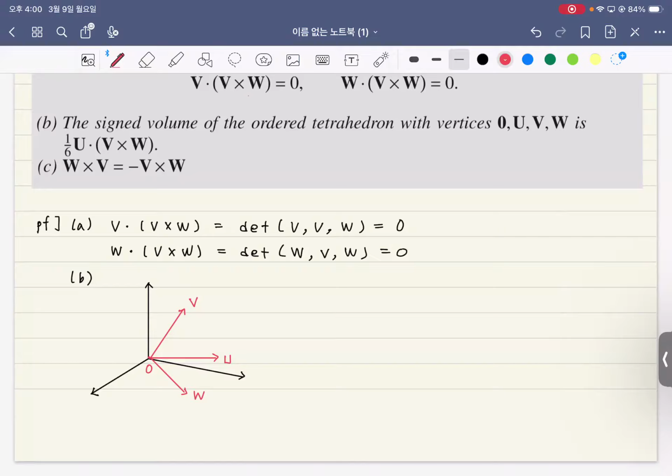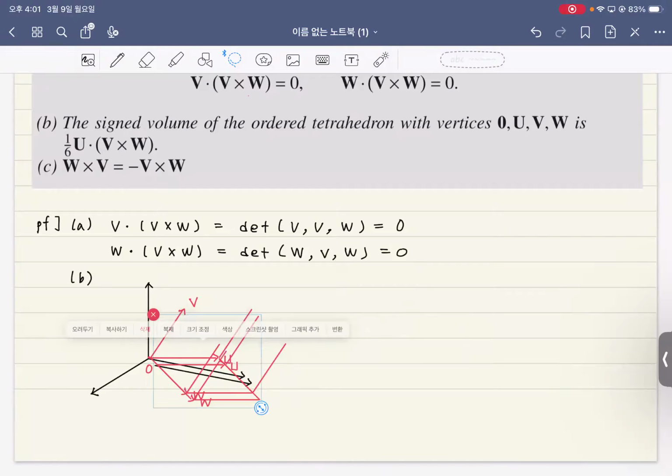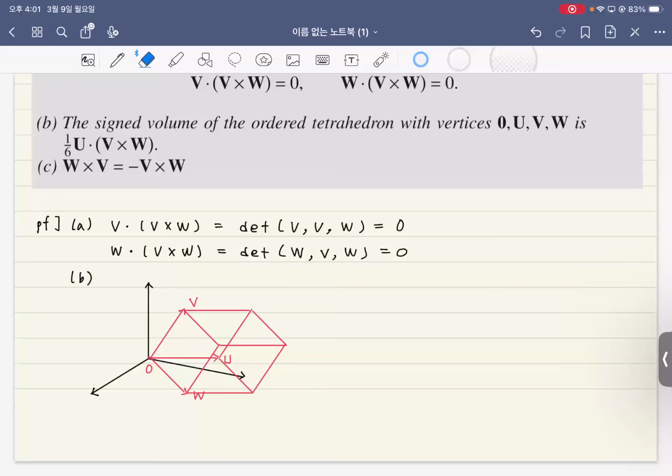Let me try to consider the parallelepiped generated by these three vectors. Well, my picture is not perfect, but this is the parallelepiped generated by these three vectors, u, v, and w, right?